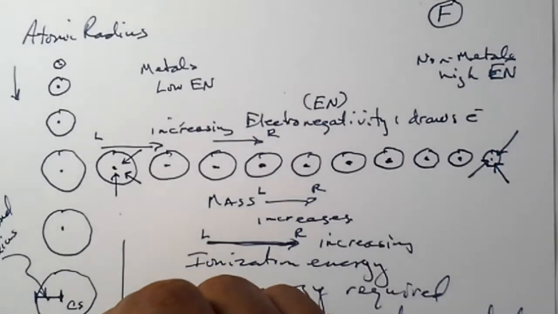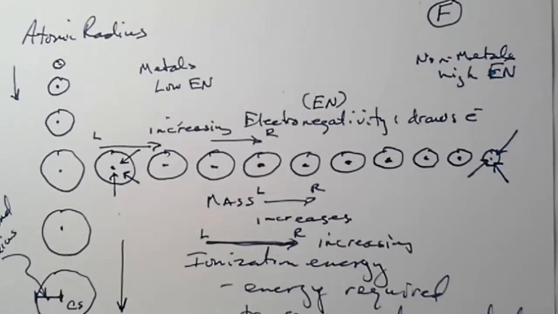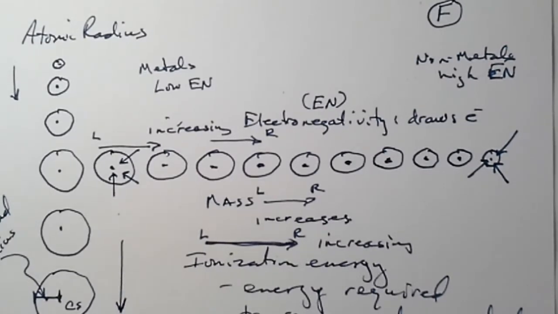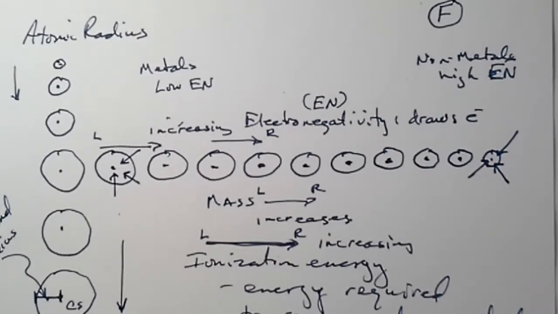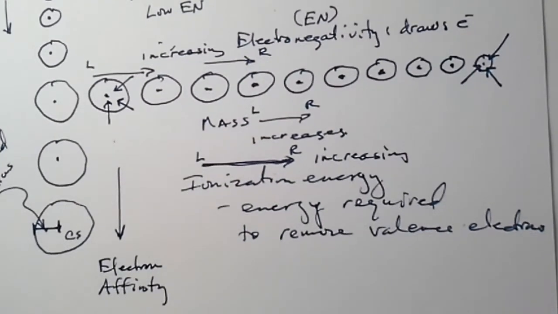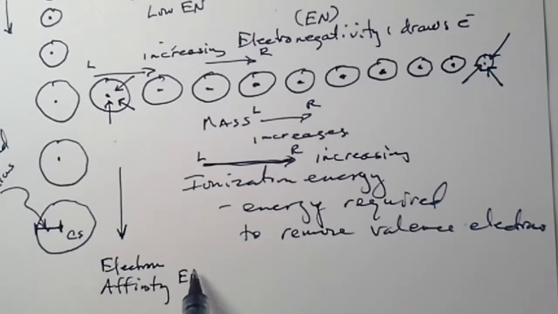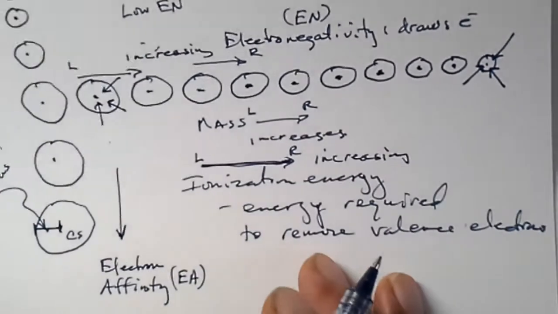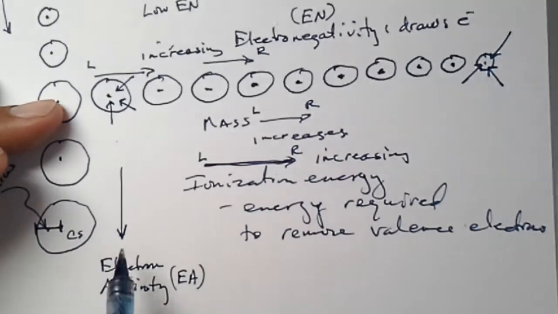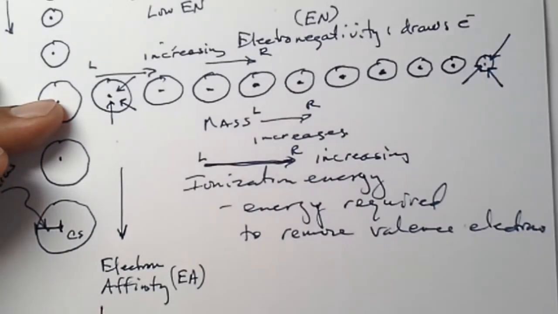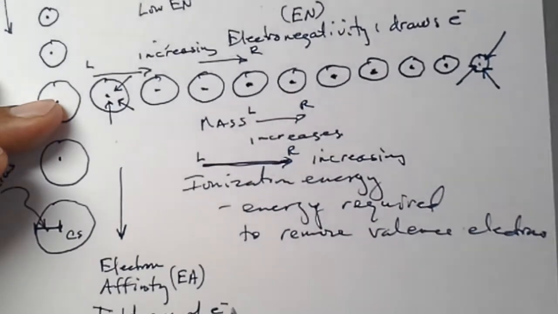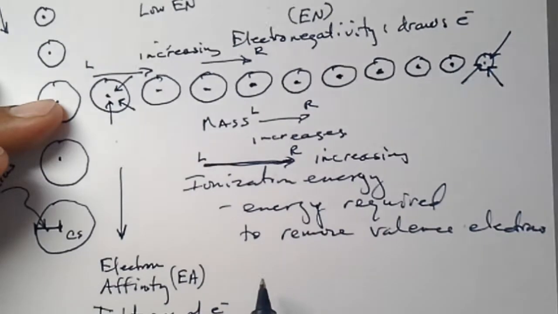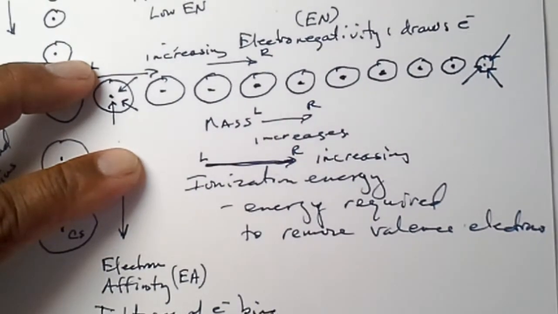Another property is electron affinity, EA we'll call it. Electron affinity is the attractiveness of the electron, or the tightness of electron binding to the atom.